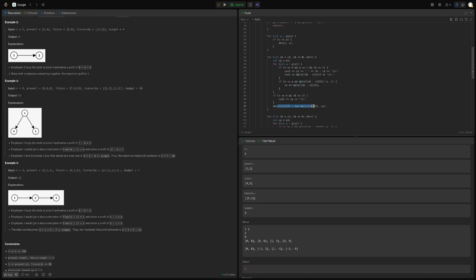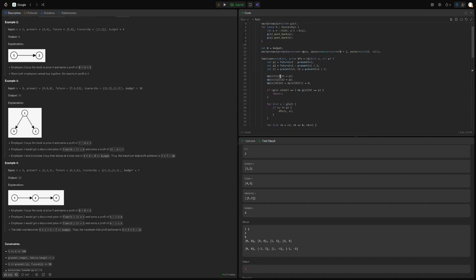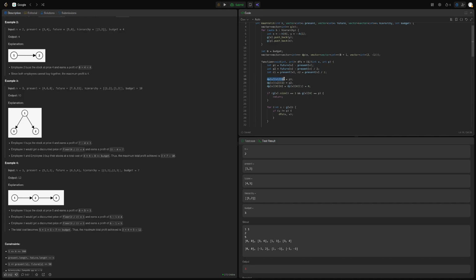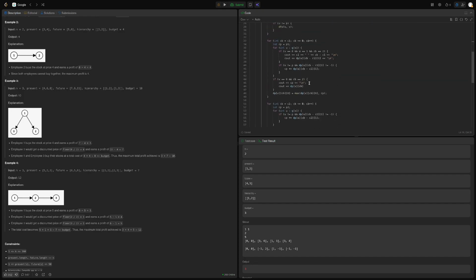So DP vertex, sort DP V this current budget. I mean, it should not be set yet, so I don't understand.